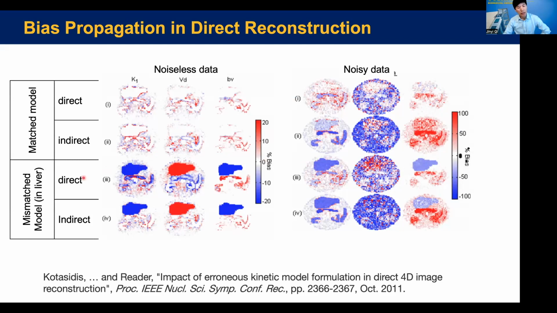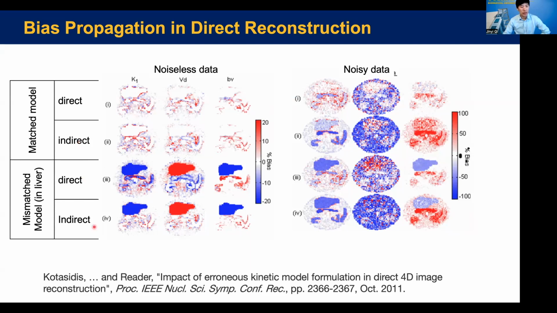In the indirect reconstruction, each pixel is fit separately, so there's no propagation of the bias from one pixel to the next. But in the direct reconstruction, we can observe this bias propagation from one region with a model mismatch to another region where the model is actually correct, because of the reconstruction process.